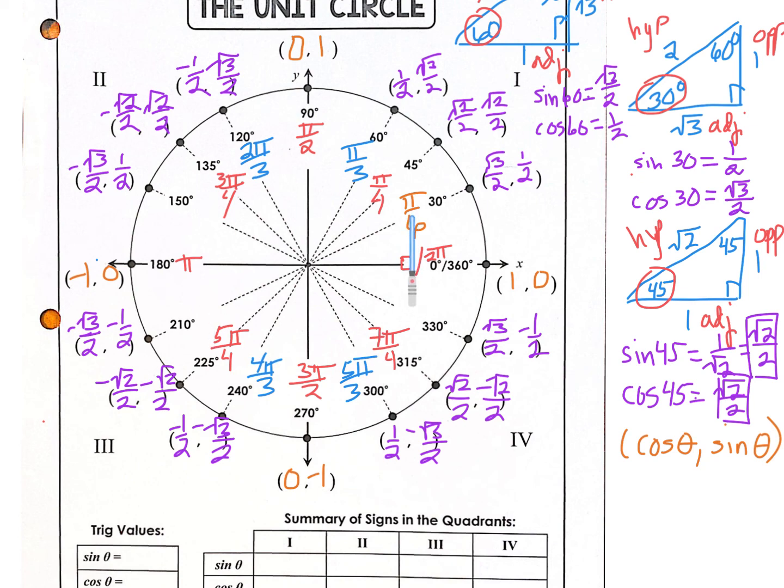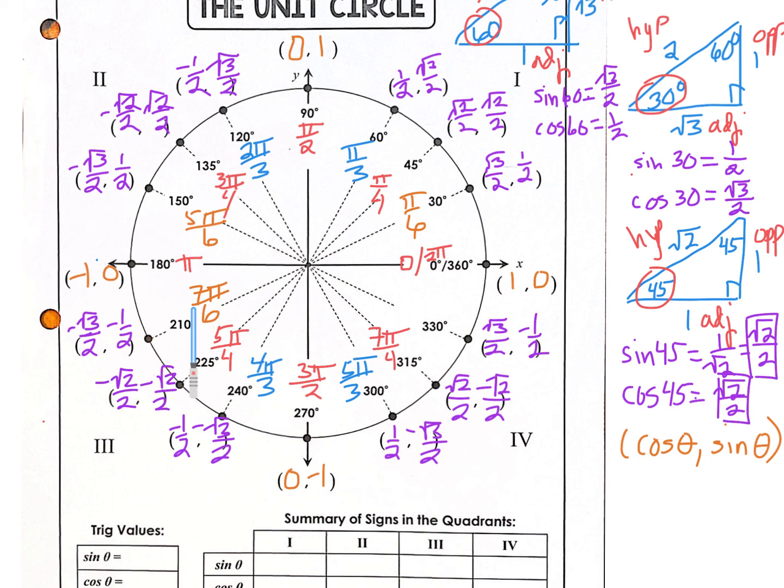So this is 1/6, 2/6, 3/6, I'm counting by 30s, 4/6, this is 5/6, which we need to fill in. So 5 pi over 6. Then from here, 6/6, 7/6, so we need to fill that in. 7 pi over 6.